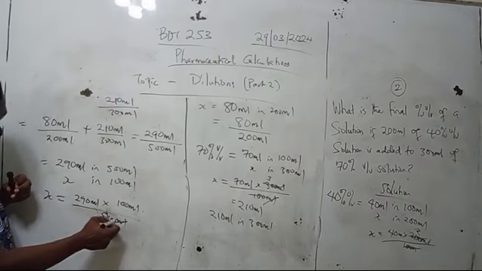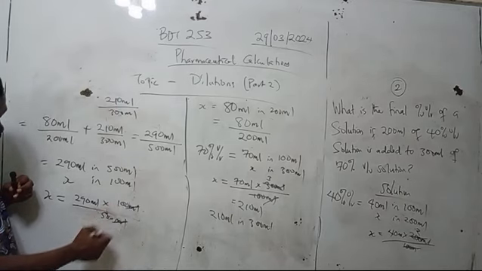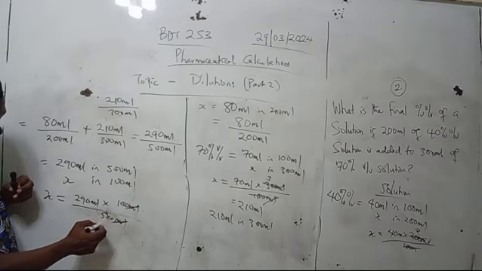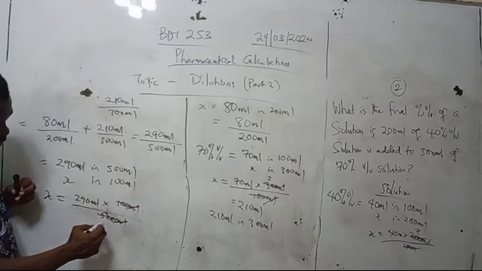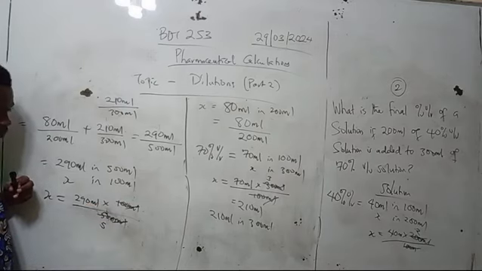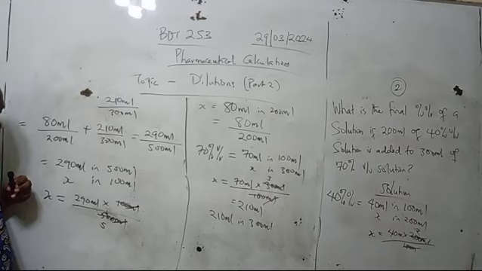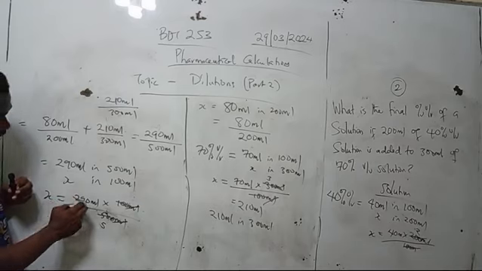So the amount of the active ingredient in 100 ml is 58 ml. So the final solution produced has 58 ml of active ingredient in 100 ml. Remember what we said about concentration.